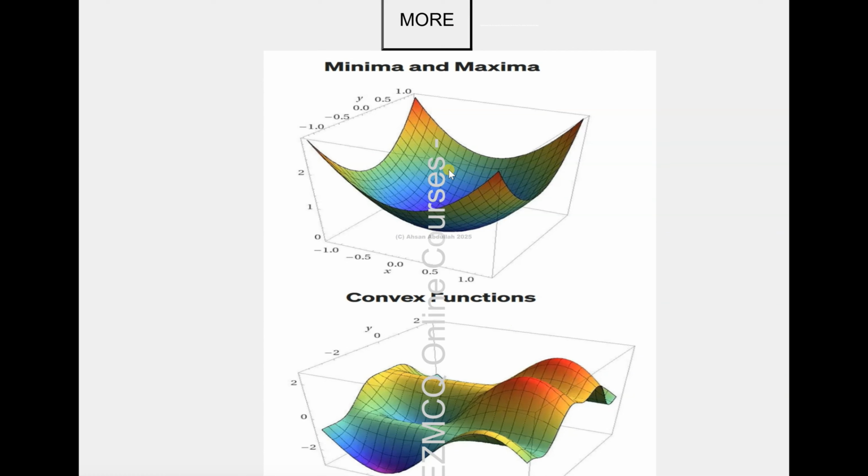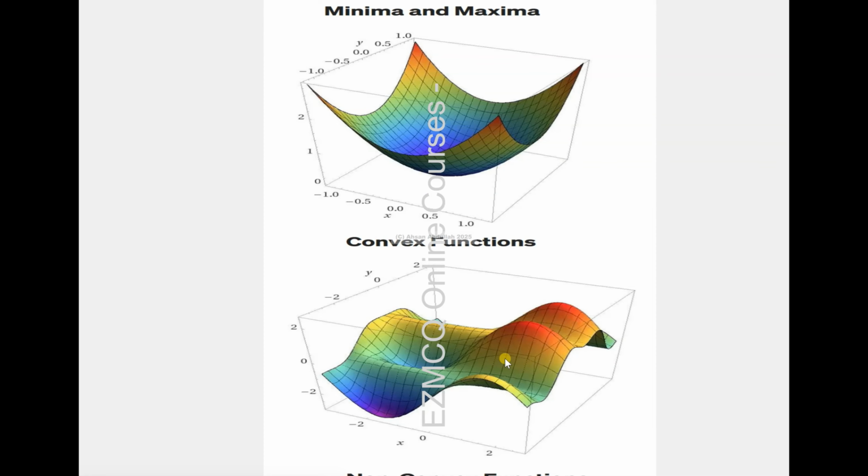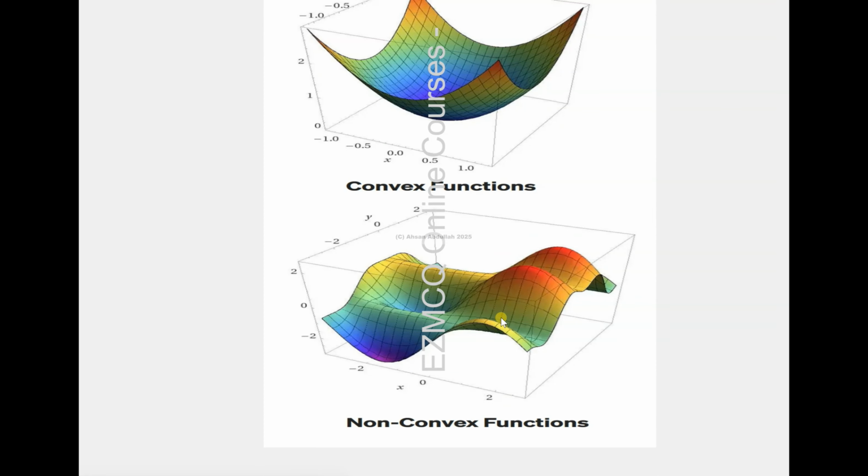In convex functions, if we connect any 2 points on the surface, the line which is drawn remains within this convex 2D, 3D volume. But this is not convex, this is concave, right? So if we connect 2 points, they do not remain there. So this part is kind of convex, right? But with reference to these 2 points, they are not convex. So this is a non-convex function, right? This is more challenging.